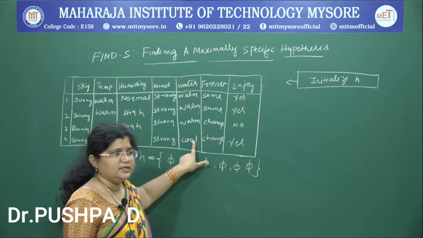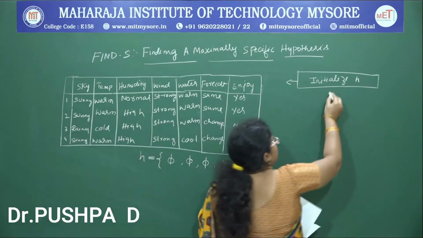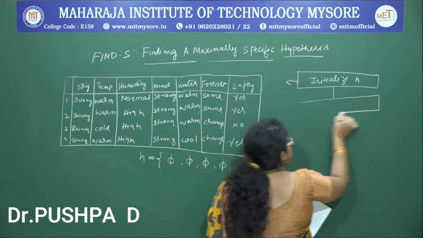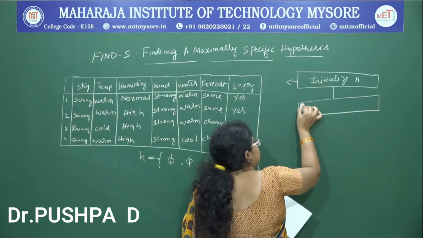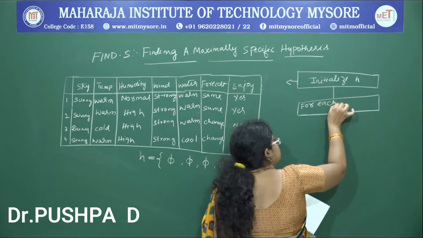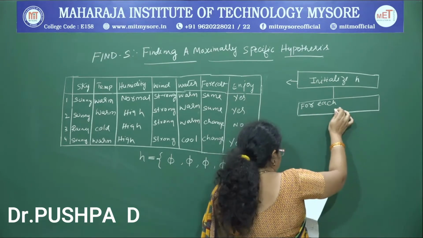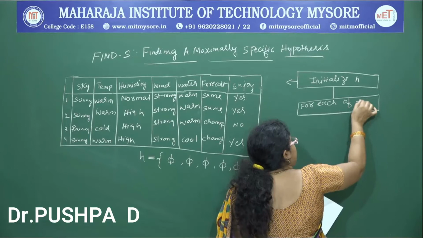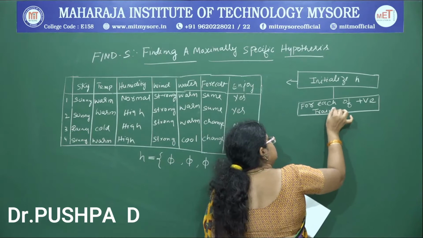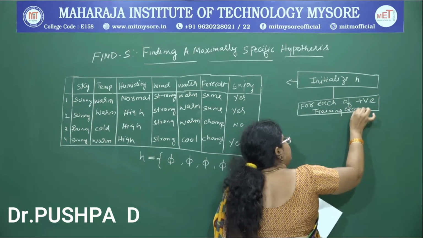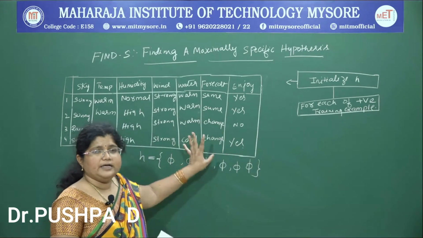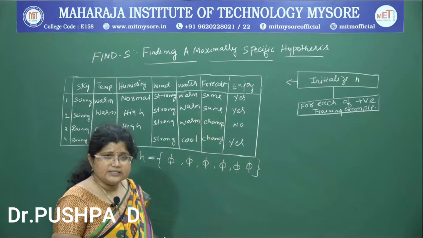The next step of the algorithm is, for each positive training example in the given data set, first check whether there is any positive training example.